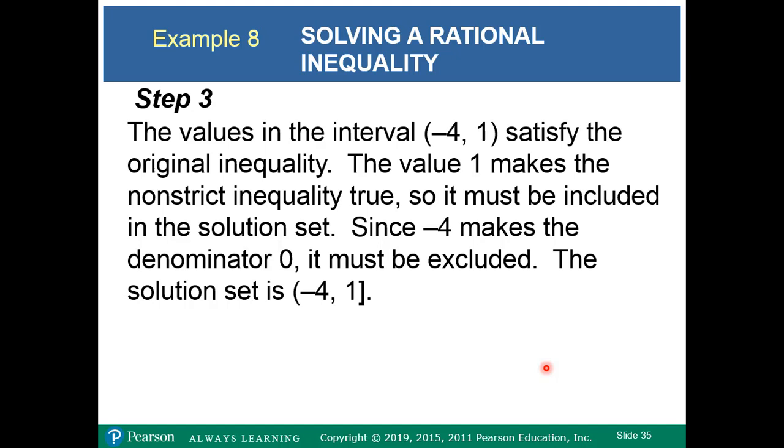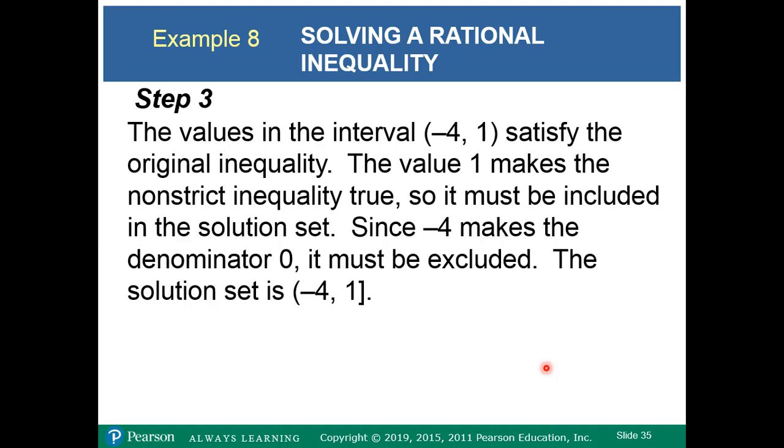So now step 3, we find, after our tests, that the values in the interval from negative 4 to 1 satisfy the original inequality. The value 1 makes the non-strict inequality true, so it must be included in the solution set.